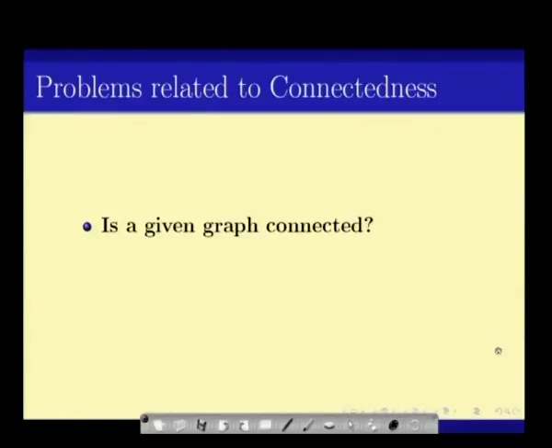So, a typical problem that one can ask is: is this graph connected? For example, we looked at the friendship graph in the last lecture, where we look at Facebook users and we draw an edge between any two profiles if they are friends with each other.